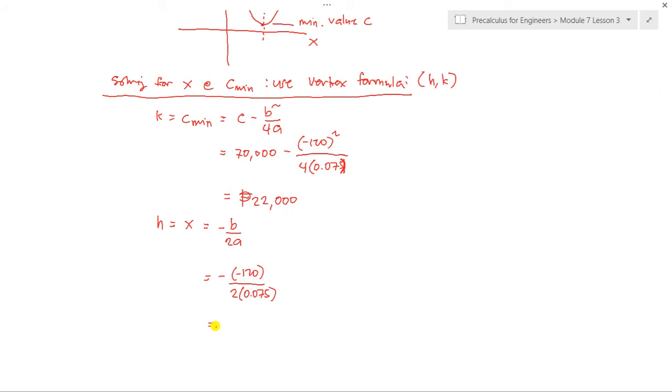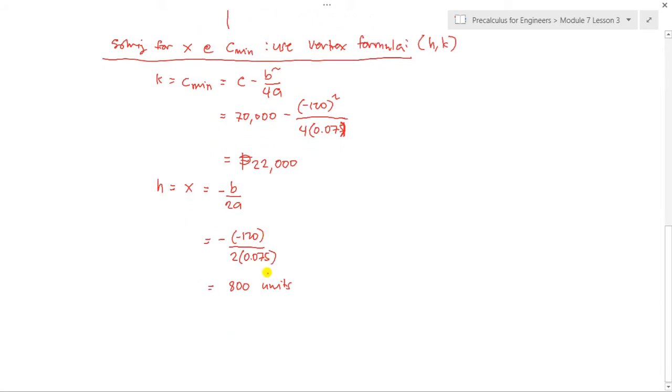That is equal to 800. So the company should sell 800 units of soft drinks to achieve the lower or minimum cost. So therefore this is our answer, x units, that is 800 units.